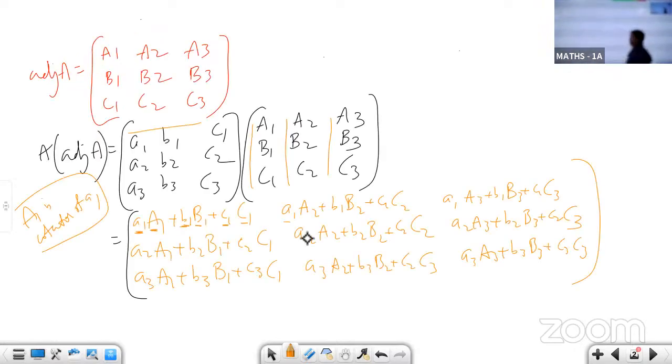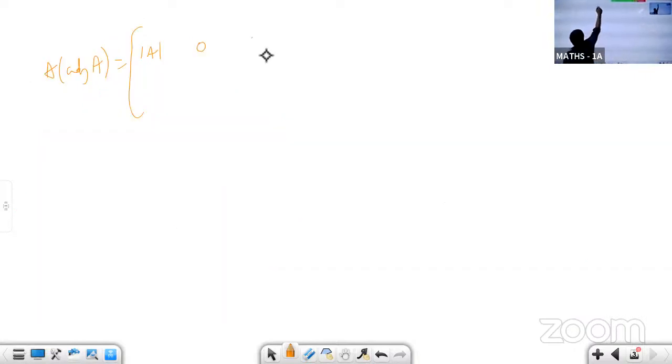Here a1 is multiplied with the cofactor of small a2, that is capital A2. b1 B2, c1 C2, such type of things, you are going to get 0. Is it clear? So I am going to get 0, 0. Here also 0, det A, 0, 0, 0, det A.